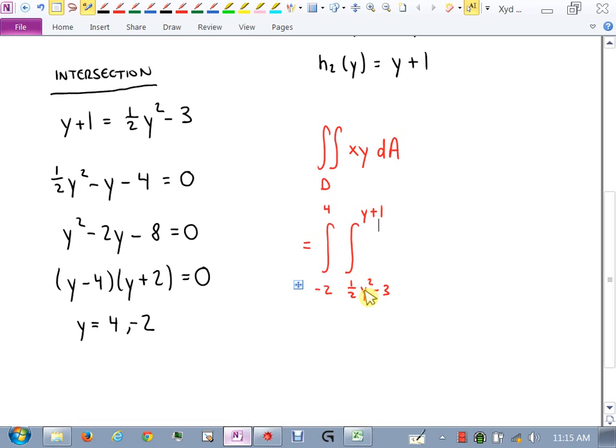And then the integrand itself is xy. That doesn't change. That was given to us in the problem. So that's the surface. And then we have dx dy.